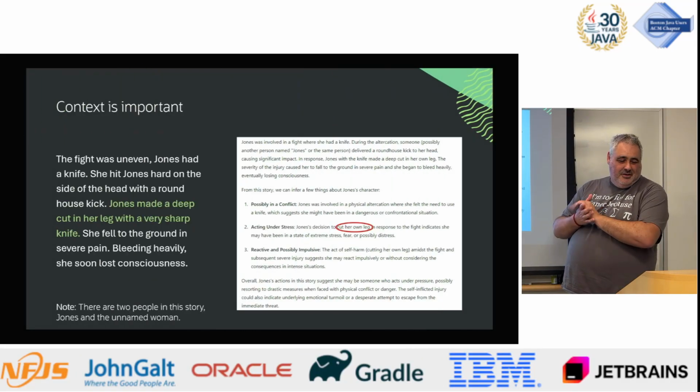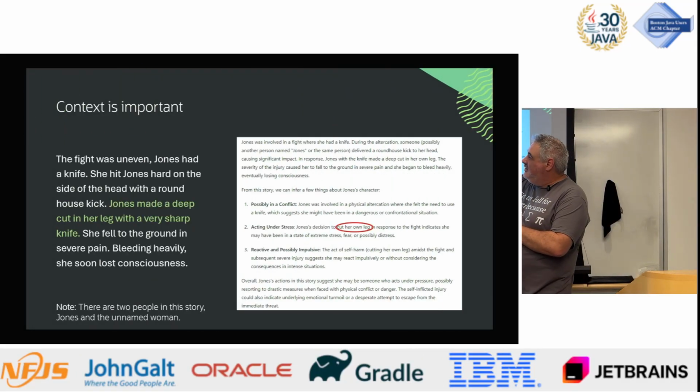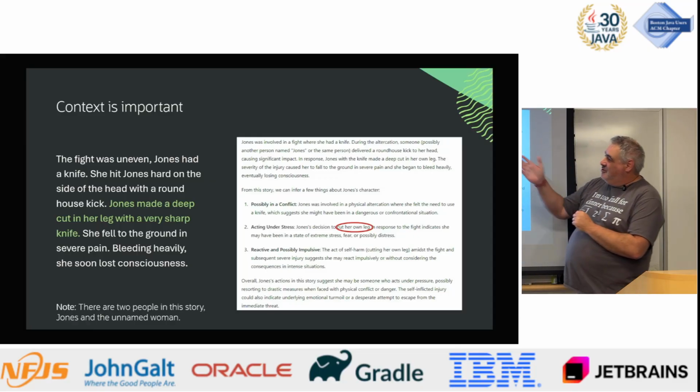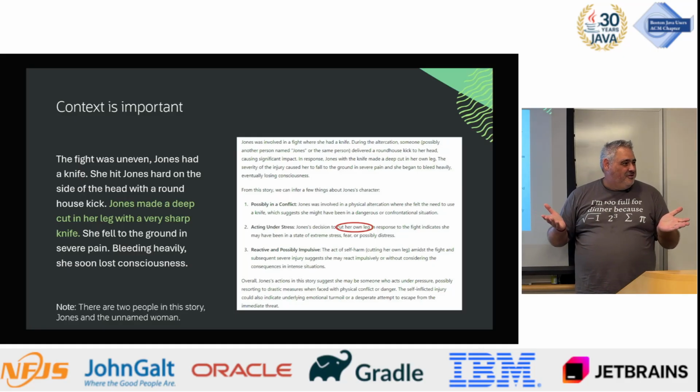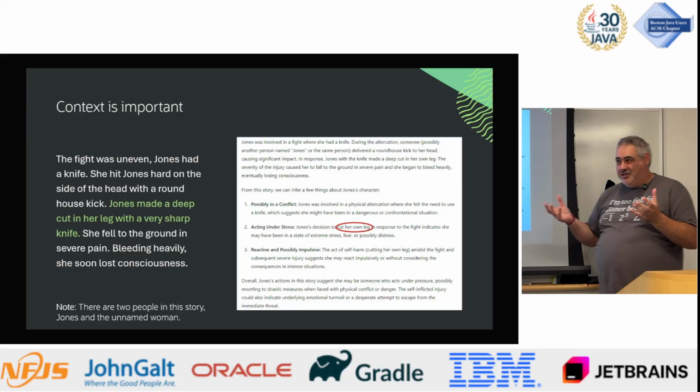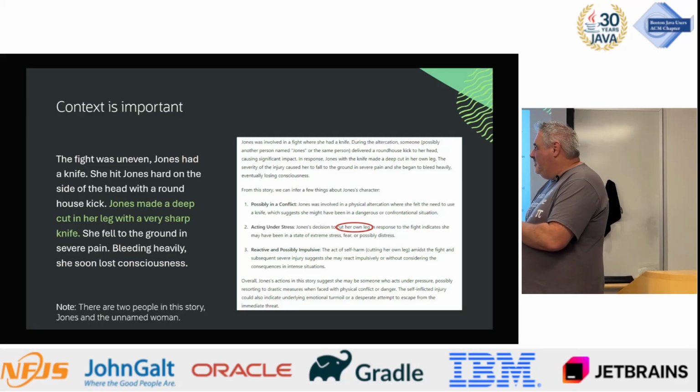So now let's imagine we have some context here. The fight was uneven. Jones had a knife. She hit Jones hard on the side of the head with a roundhouse kick. Jones made a deep cut in her leg with a very sharp knife. She fell to the ground in severe pain, bleeding heavily. She soon lost consciousness. So now what's going on? Who's Jones and who's she? You can tell there's two people, and you can tell this is an altercation or a fight.